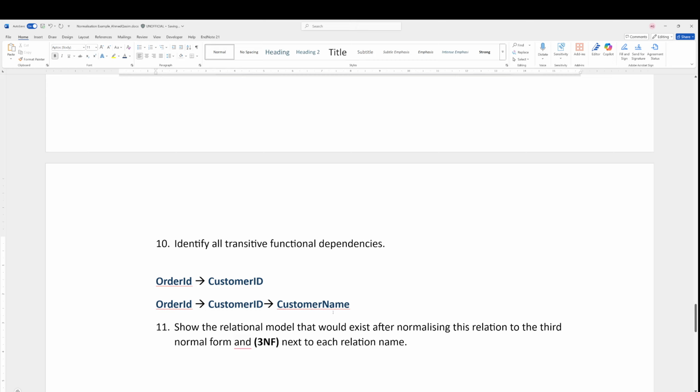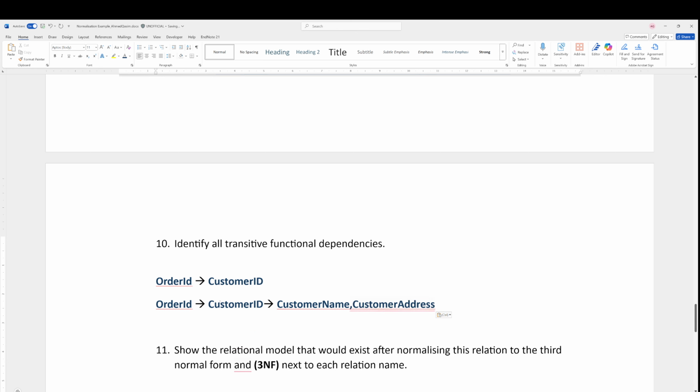It also determines customer address. You can do it in a separate line or just together. So order ID determines customer ID, A determines B, B determines C, but C is not directly depending on A. So this relation here is called a transitive dependency.